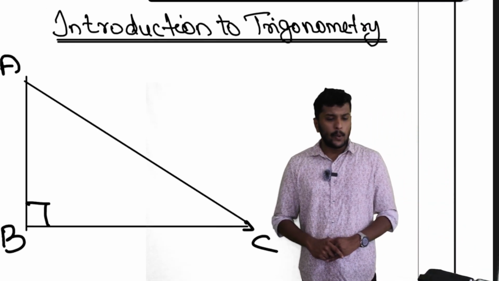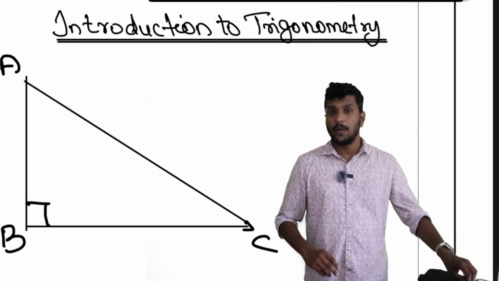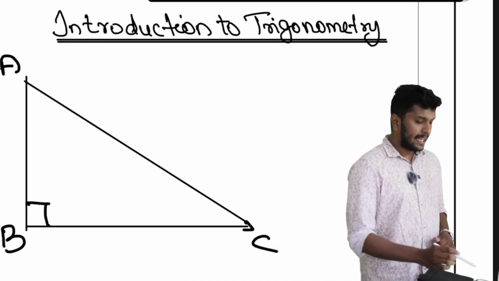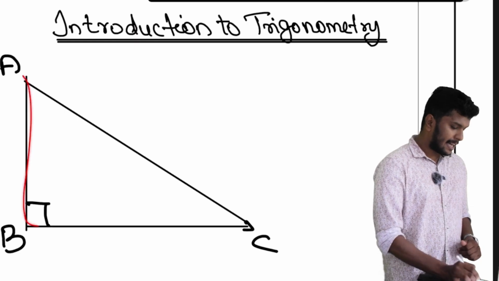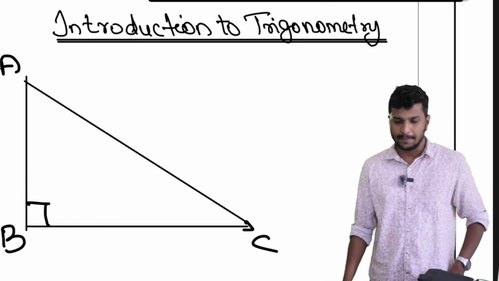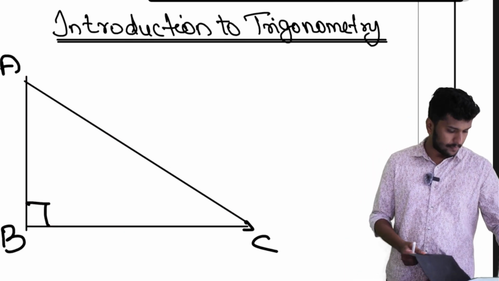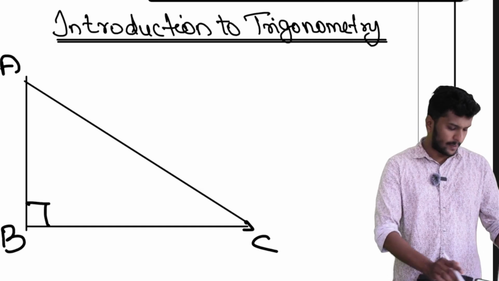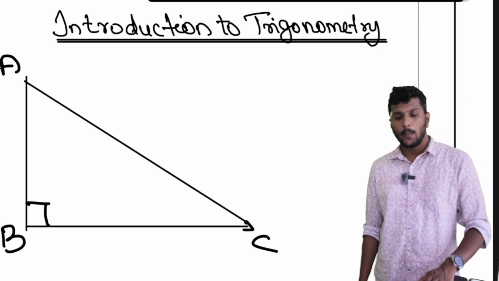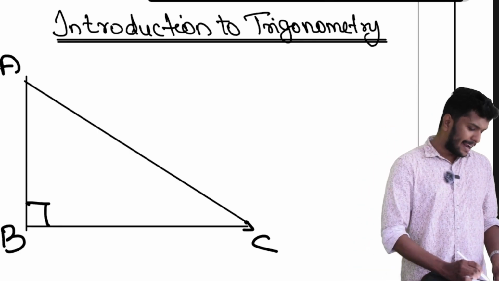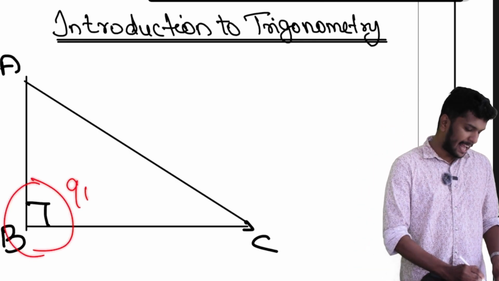So we'll look at a right triangle initially. Look here. It's a right triangle ABC. Now in this right triangle ABC, which angle is the 90-degree angle?